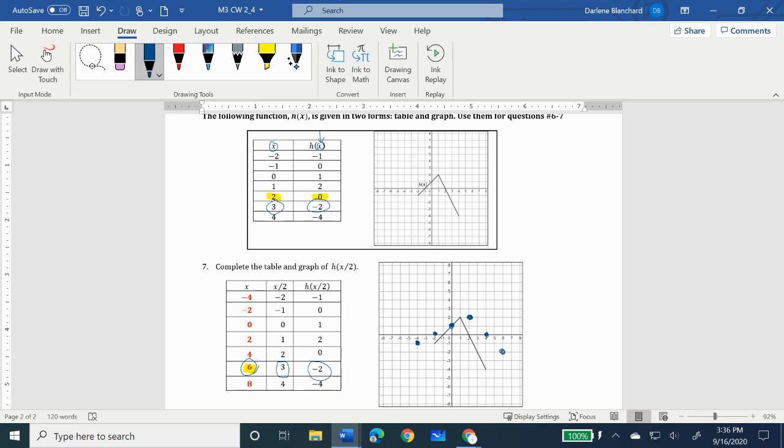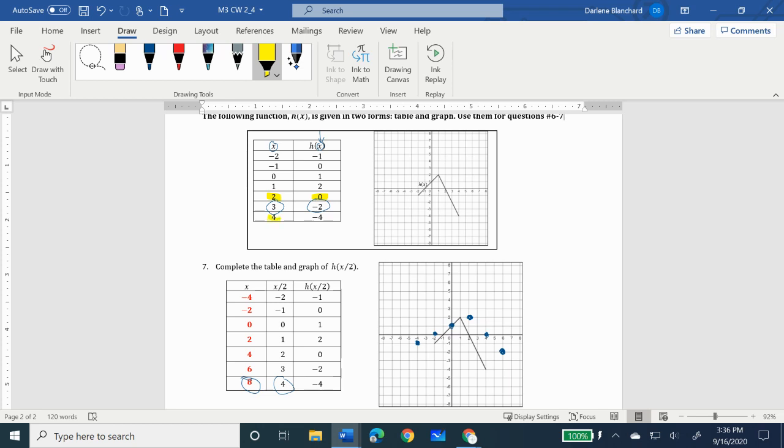One more to go. 8 comes over to the kingdom of h, finds out h is only taking x over 2's today, so it gets divided by 2. I'm still even at least. It's now divided by 2 to become 4.